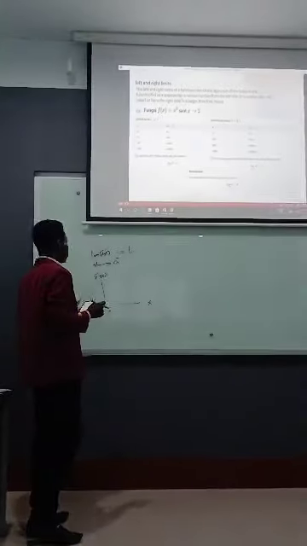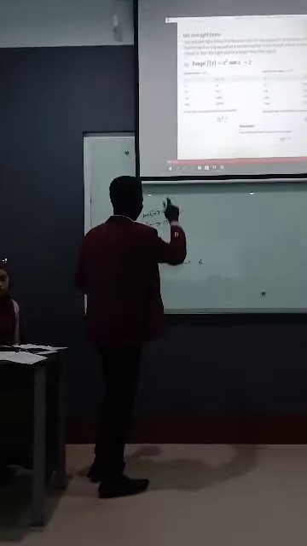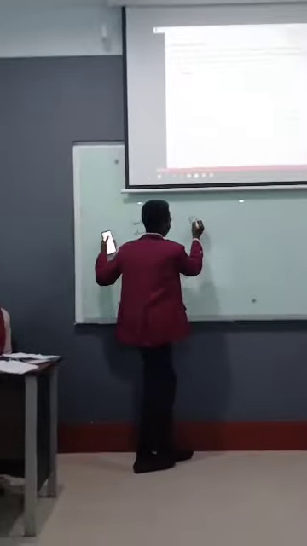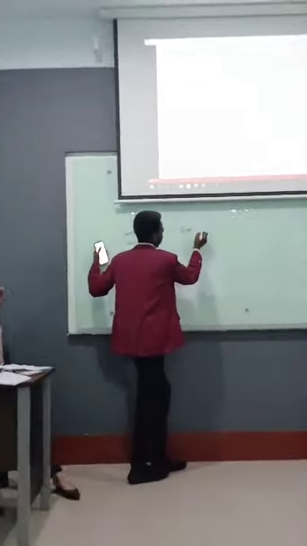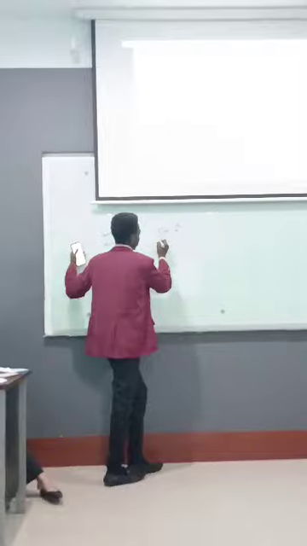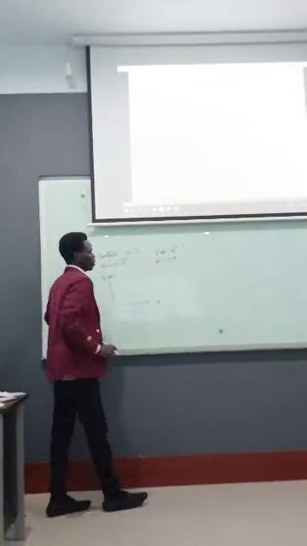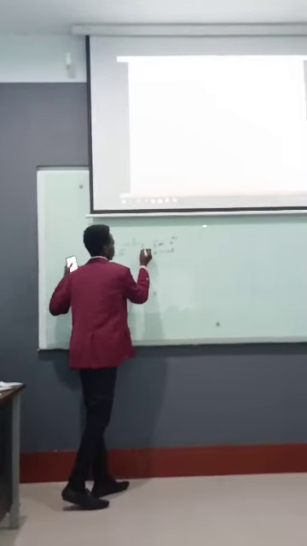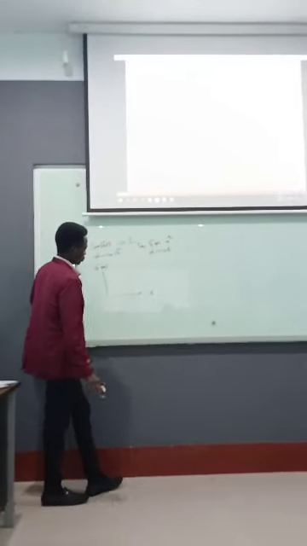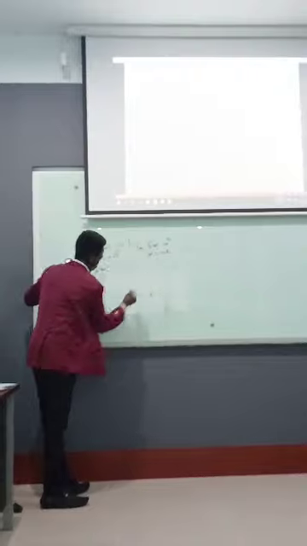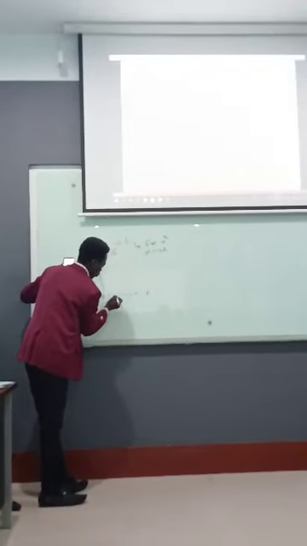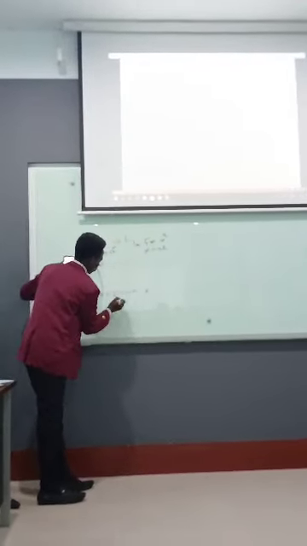In the left hand, we have f(x) equals x squared, and x approaches 2. Here we have 1 and 2, and here 0.